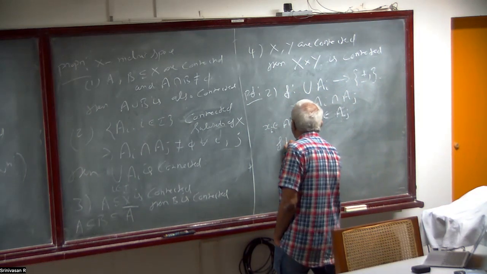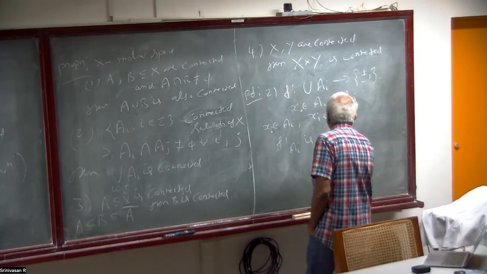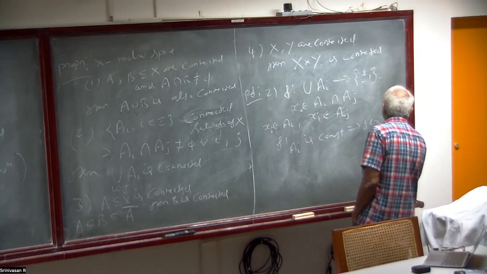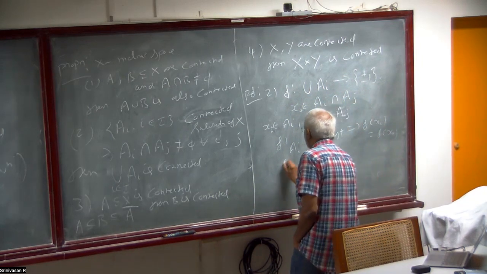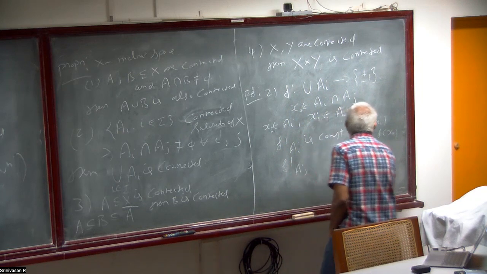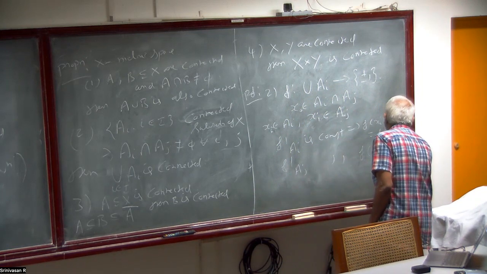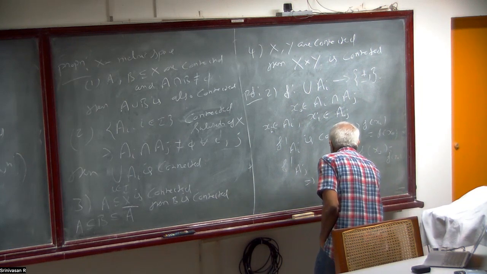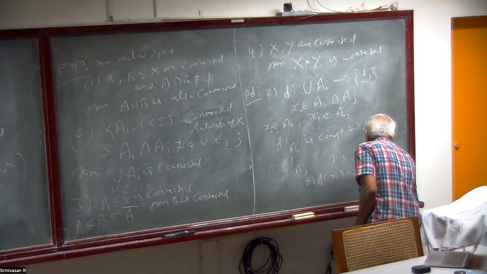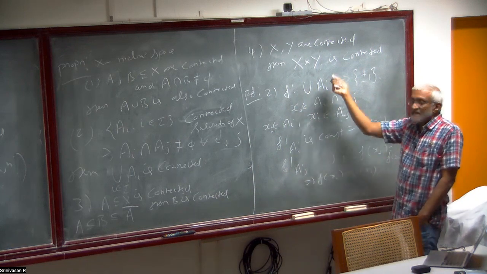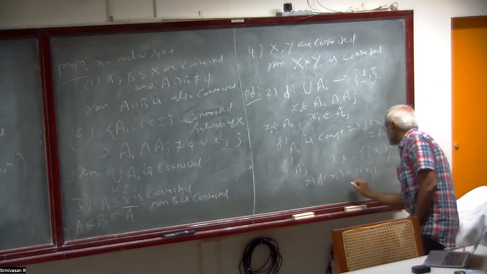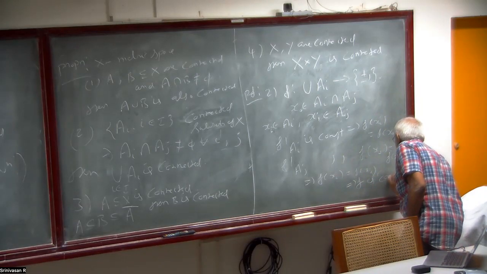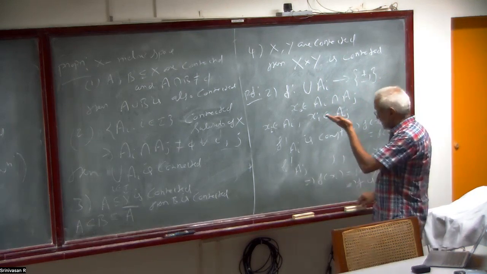Then f restricted to A_i is constant, which implies f of x_i is equal to f of x_0. f restricted to A_j is constant, which implies f of x_j equals f of x_0. So f of x_i equals f of x_j. If you take any x_i, x_j, this is true. Since i and j are arbitrary, f is constant. This means the union is connected.